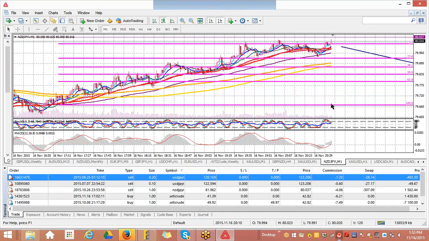buy stop, and then I would modify it. Modify. These are all of my XAU USDs.